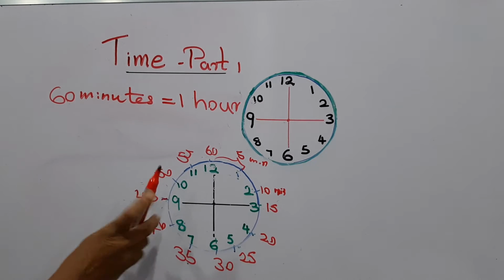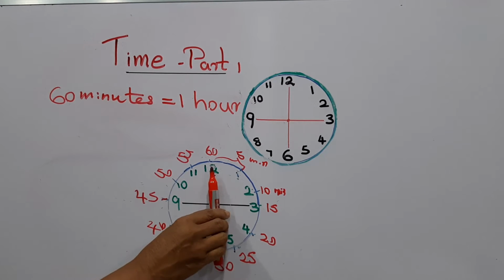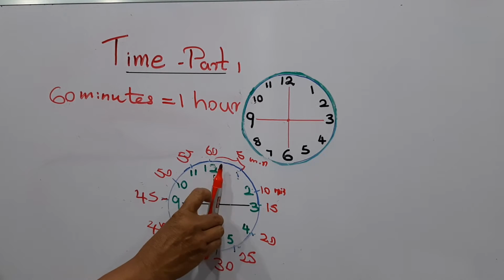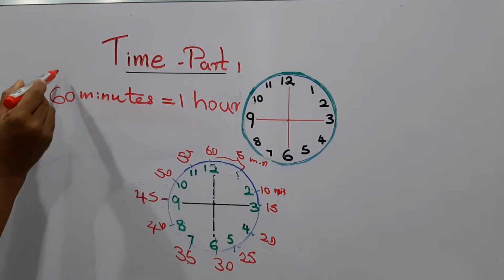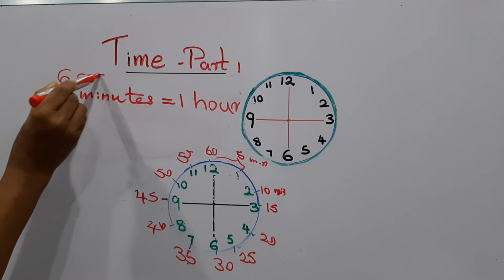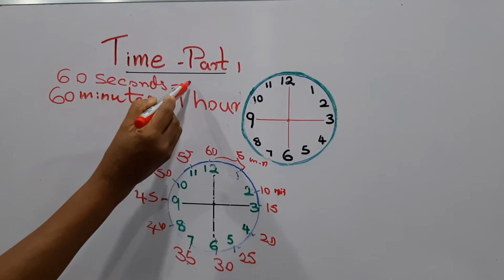Then if we discuss the second hand. When the second hand rotates once, that means 60 seconds equals 1 minute.